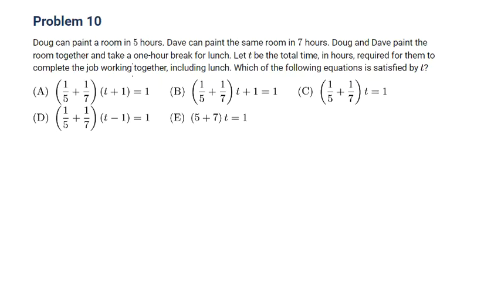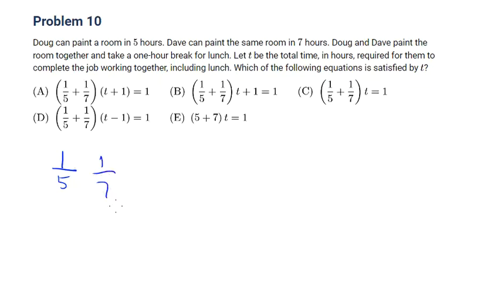If Doug can paint a room in 5 hours, then the speed of painting will be 1/5. Dave's speed will be 1/7.